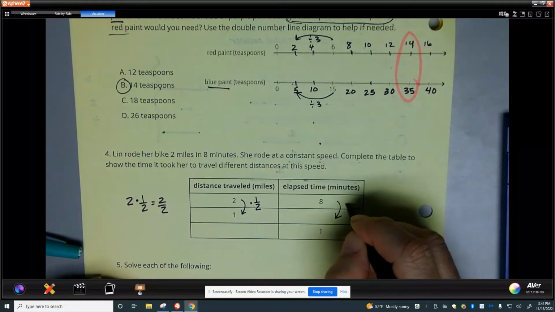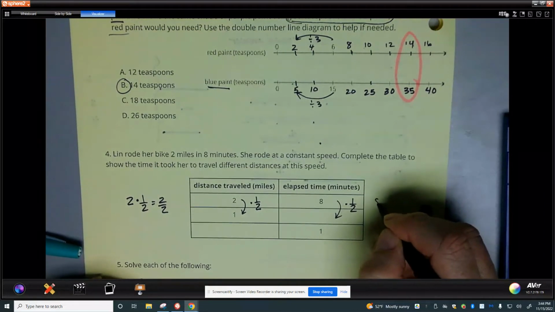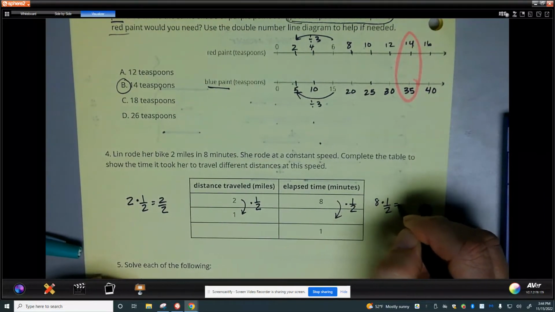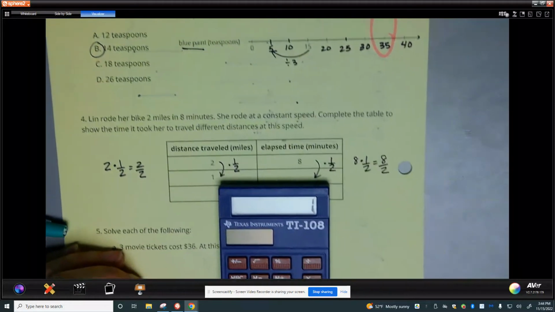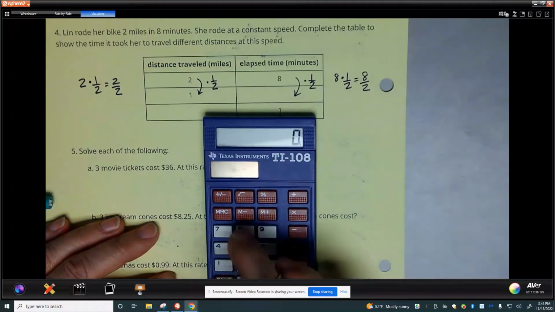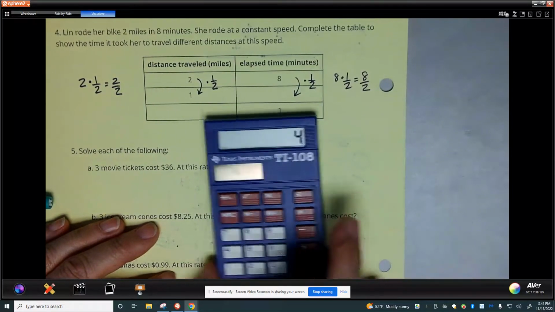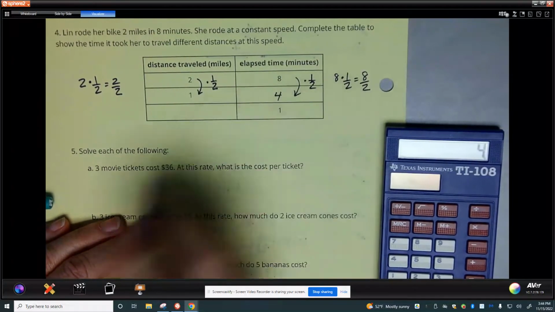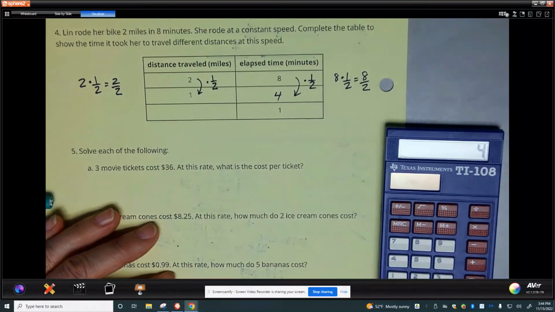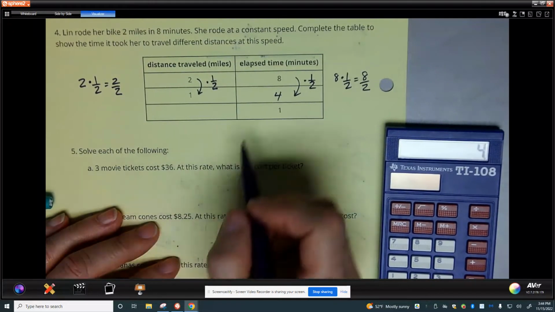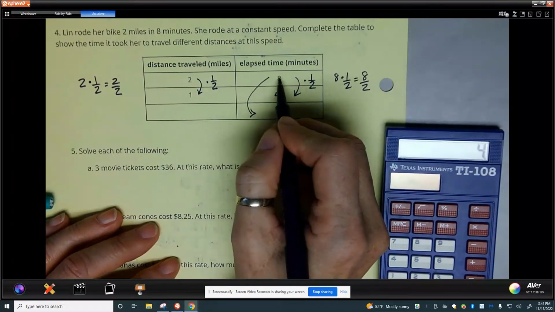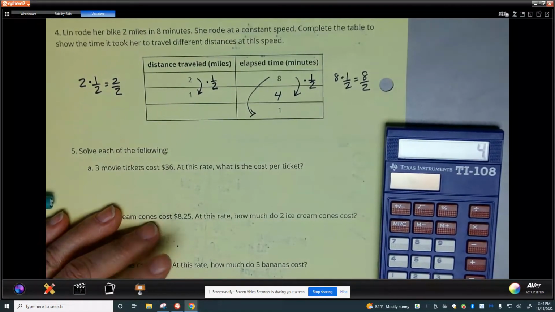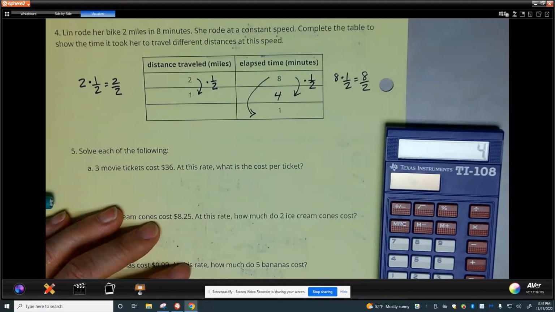So I would have to do half of 8, which is 8 times 1/2, which is really 8 divided by 2. 8 divided by 2 is 4. You can also just say 8 divided by 2. Then if I want to go to a 1, I should know any number to turn into 1, you divide by itself.